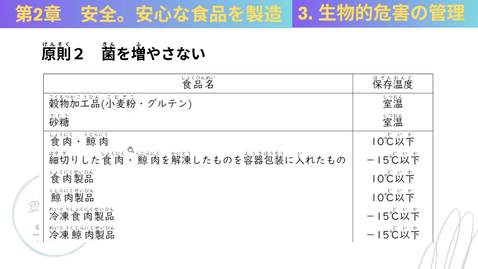Hosoki girista sukuniko kuyariniko 解凍したものを蒸気包丁を入れたもの. So about normal meat or whale meat, when we have defrosted the meat and put it in the package, we need to store it at minus 15 degree or below.